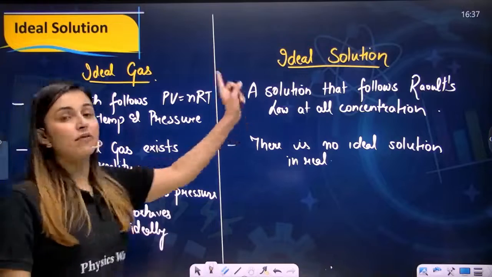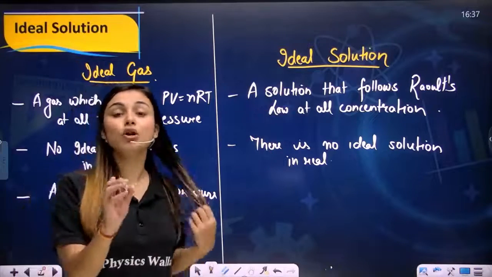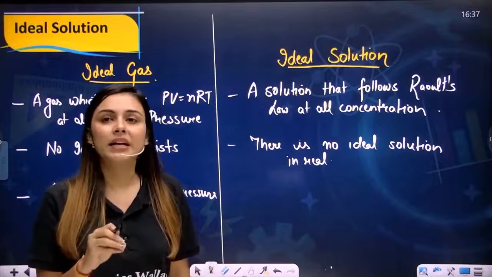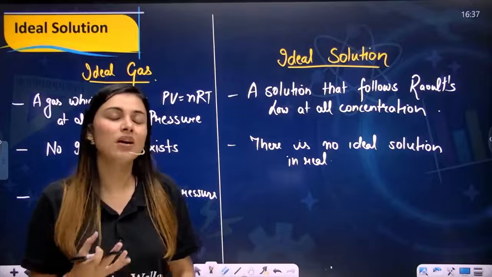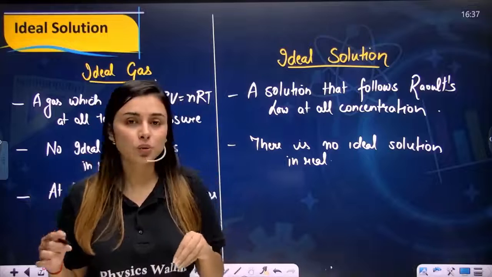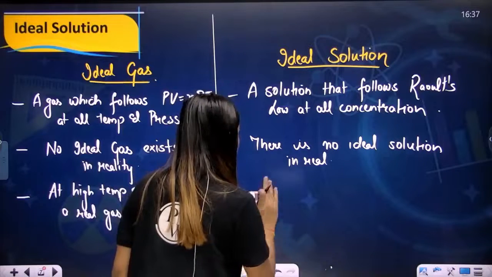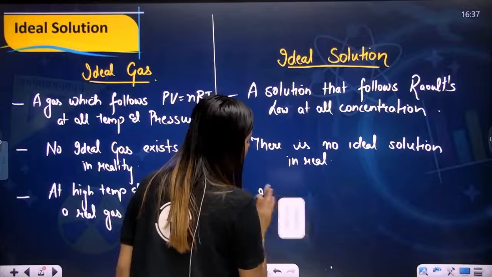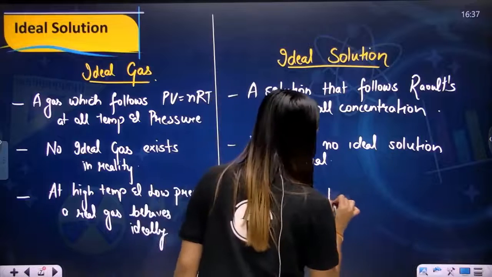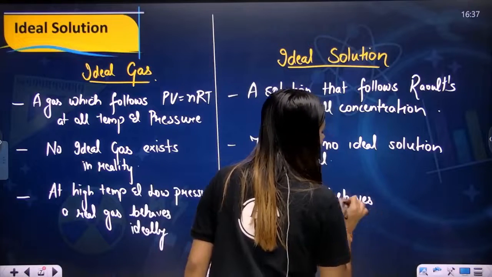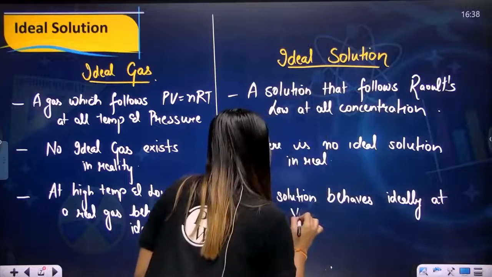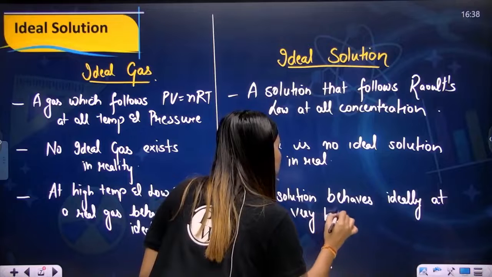Similarly, you can say for an ideal solution that if you want to make some solution behave ideally, then you have to take its dilute solution. You have to dilute it. That is, you should have a lot of solvent and a very small amount of solute, right? Yes. So we can say that a solution behaves ideally at very high dilution.